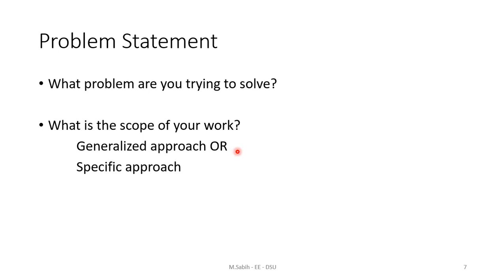Generalized means, for example, you might be working on a solution for the battery system for electric vehicles, or we become specific, for example the battery system for the Prius, and we are trying to solve some specific issue of the battery system related to the Prius or some Toyota vehicle. And of course, in the problem statement, too much use of jargon we should avoid.